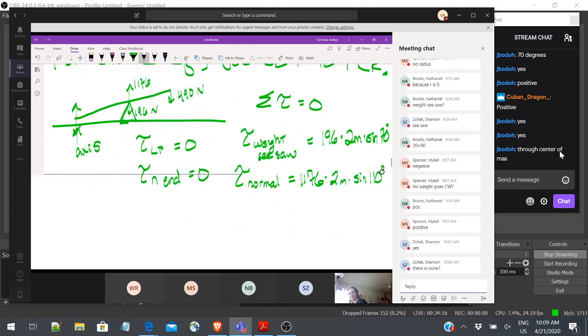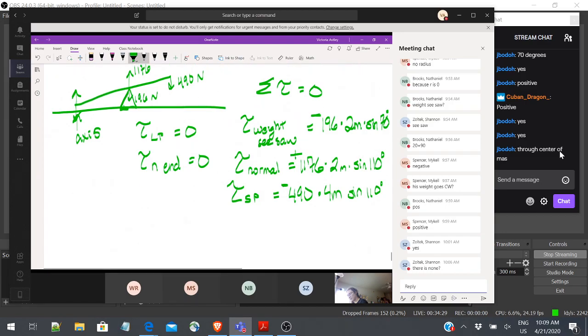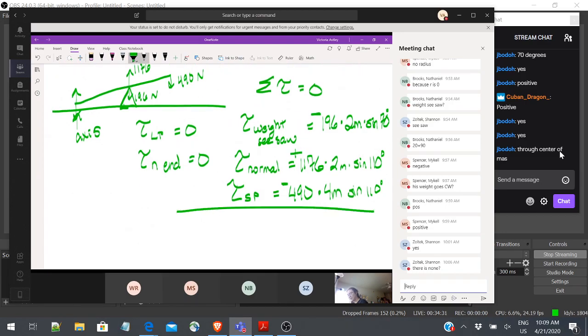Are any of these positive or negative? This one is still going clockwise, so negative. This weight makes it go clockwise, that would be negative. This weight makes it go counterclockwise, that would be positive. If we add all these up, you get zero. Torque is still zero about any axis.